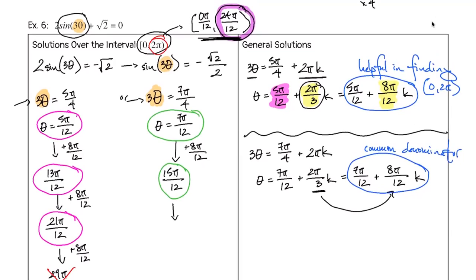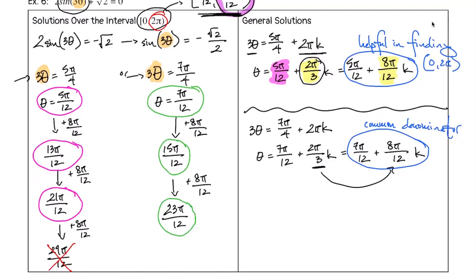We want to try adding 8 pi over 12 again. Do we think we can fit it one more time before we lose? I don't know, let's try. All right, so 15 pi over 12 plus 8 pi over 12 gives us, ooh, we're real close, but we just made it. We were able to squeeze in one more solution there.